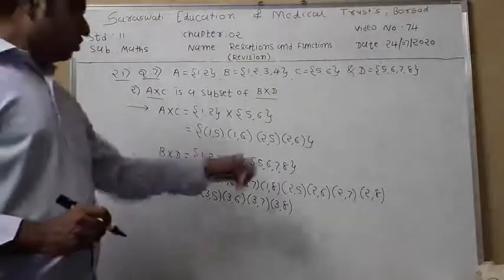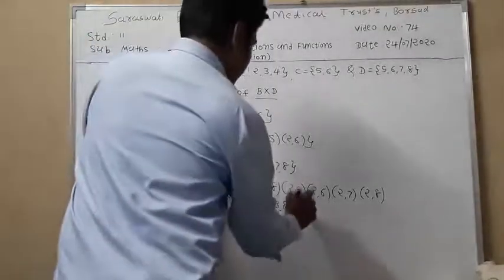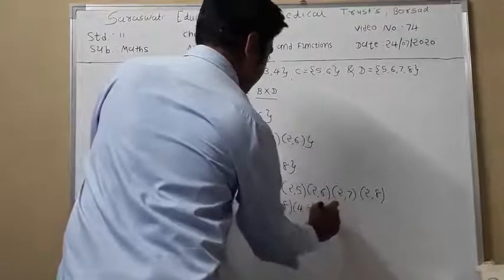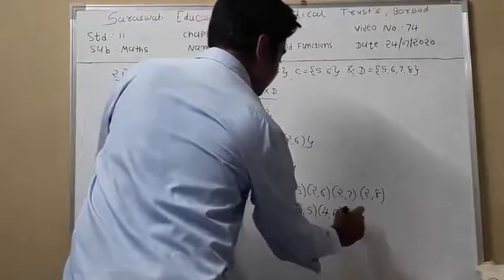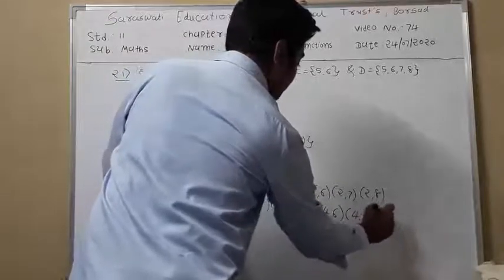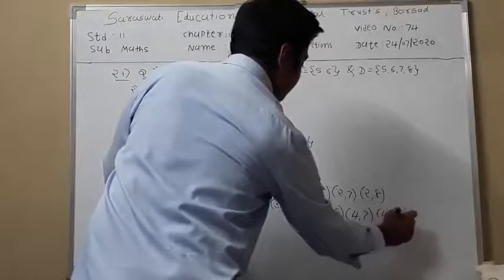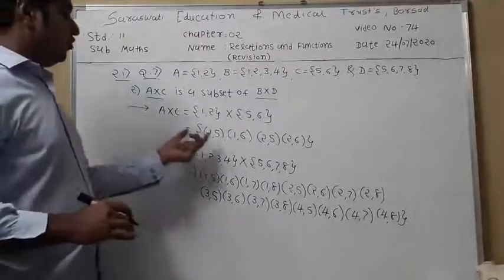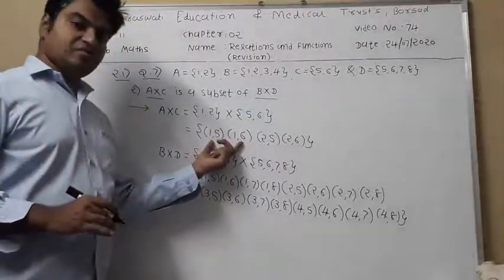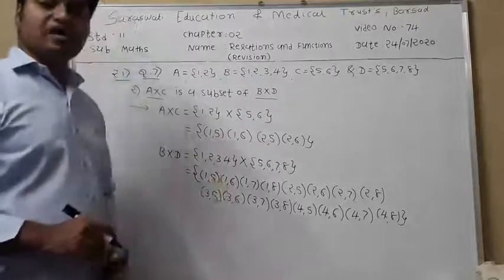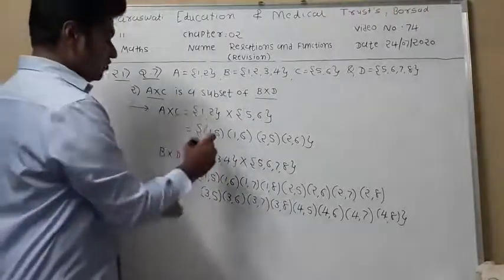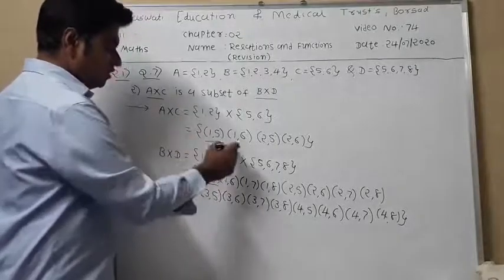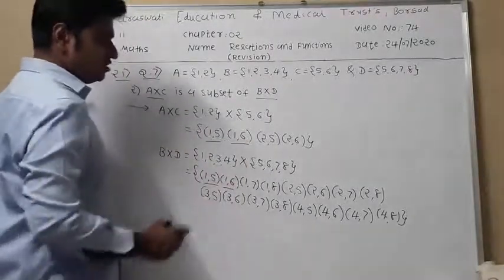Now after that, 4 ordered pairs with 5: (4,5), (4,6), (4,7), (4,8). Set over. Now check that all the ordered pairs of A Cartesian product C must be present in B Cartesian product D. First of all, check: (1,5) is present here, (1,6) is also present here.